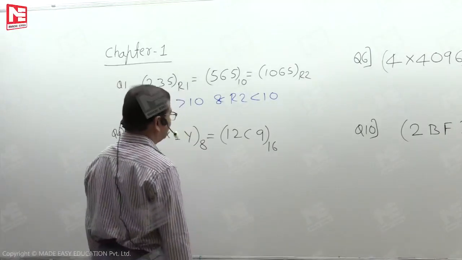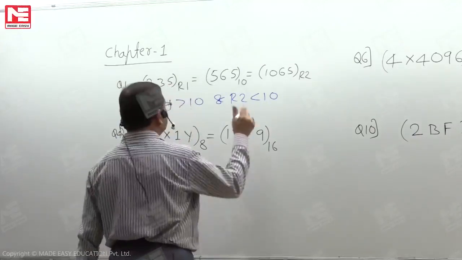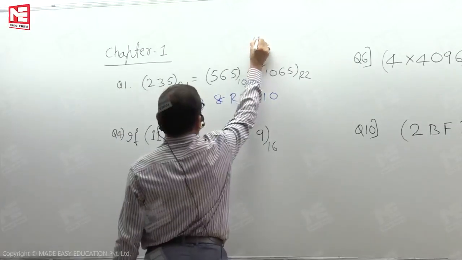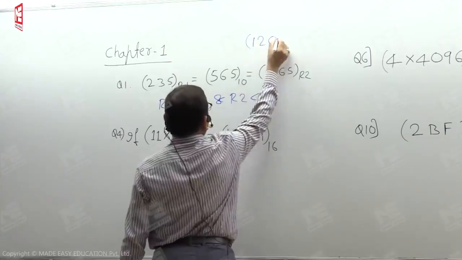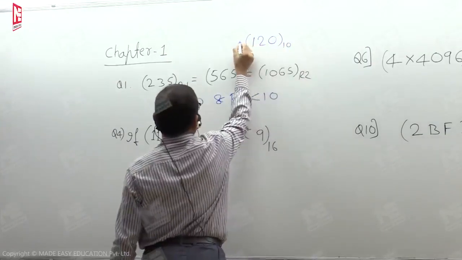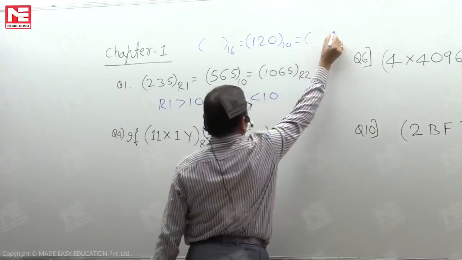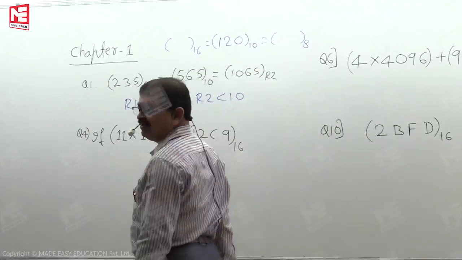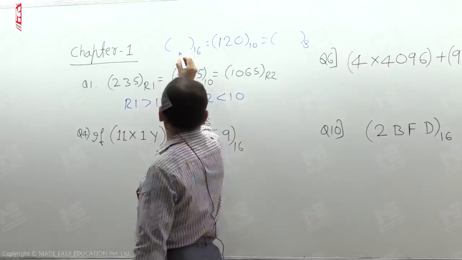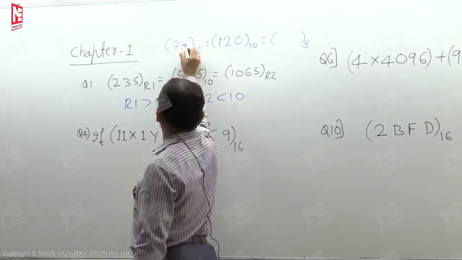Suppose we have a decimal number 120. If we read it as a hexadecimal number, it will be 78.